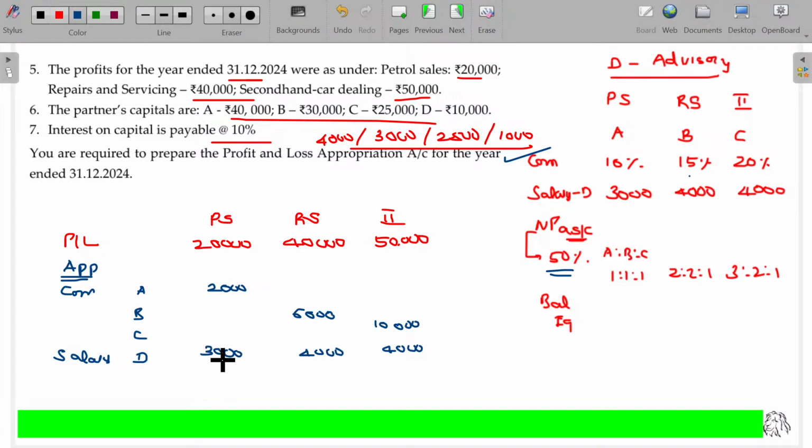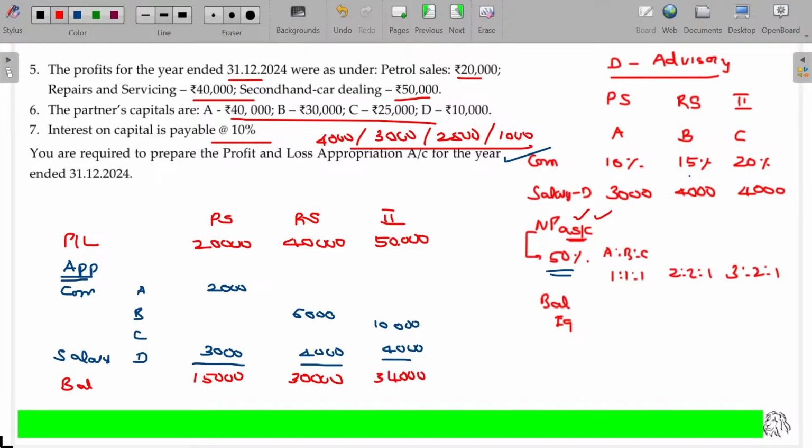After that, whatever amount is left over, the balance amount, or net profit after salary and commission, is 15,000 and 30,000 and 36,000.